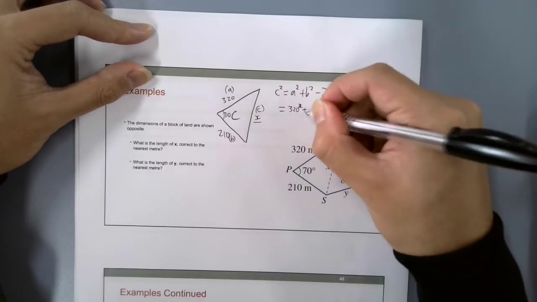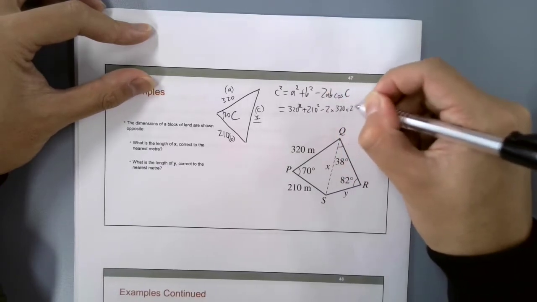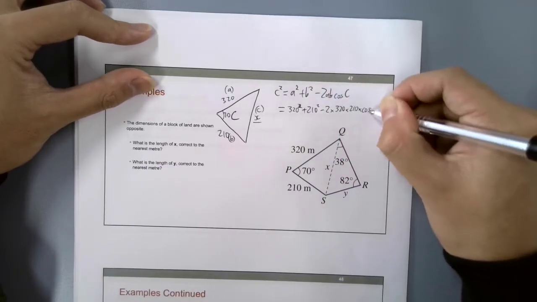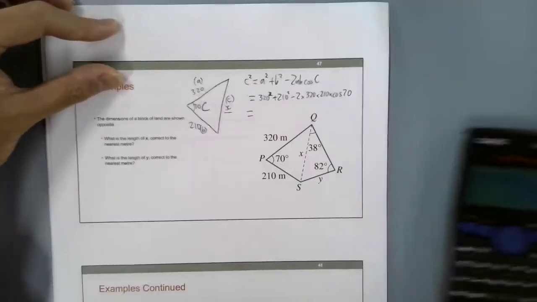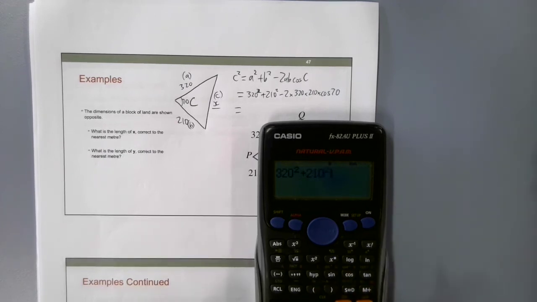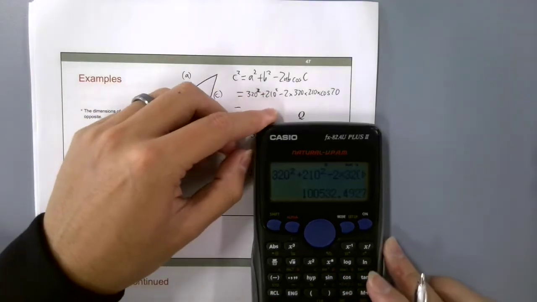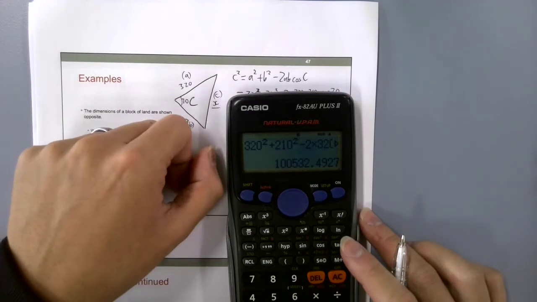So now I can just start substituting. 320 squared plus 210 squared minus 2 times 320 times 210 times cos 70. Type all that into my calculator. Make sure I close the bracket, and I've got this huge number here.